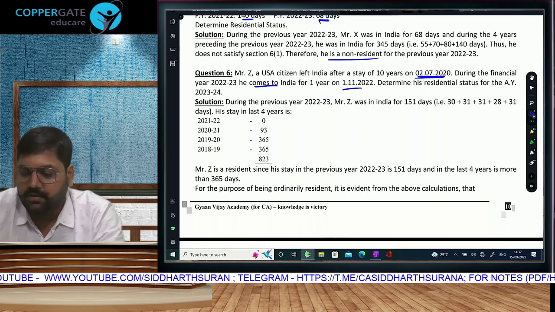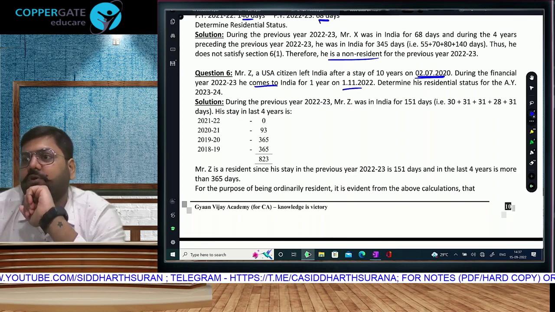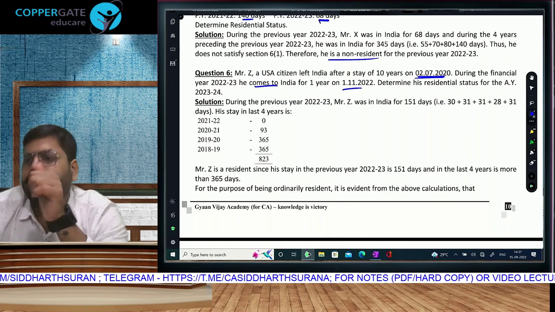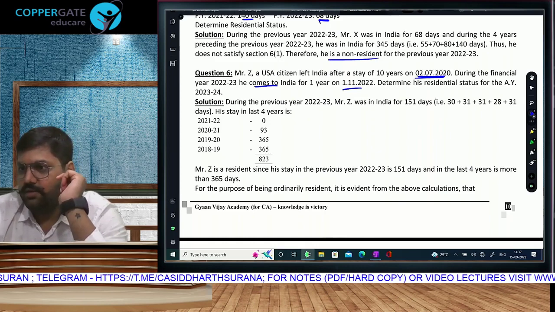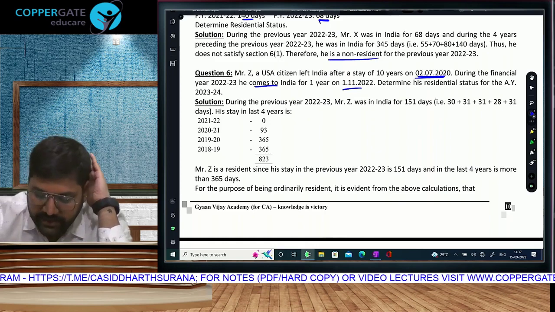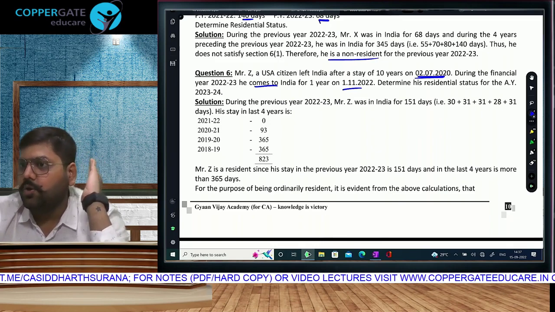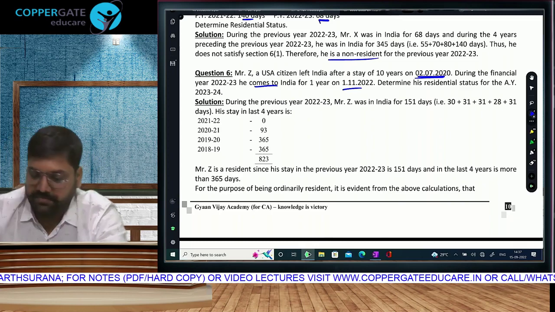When did he leave India? 2020. So before 2020 he was in India for a period of 10 years. In 2020, matlab 2021, he was in India in April, May, June, and he left on 2nd July. Then in 21-22 he did not come to India. In 22-23 he came to India, not in April to October, directly on 1st November.